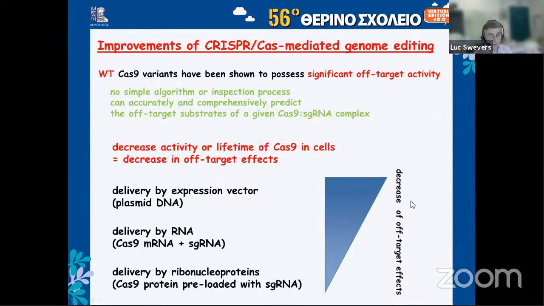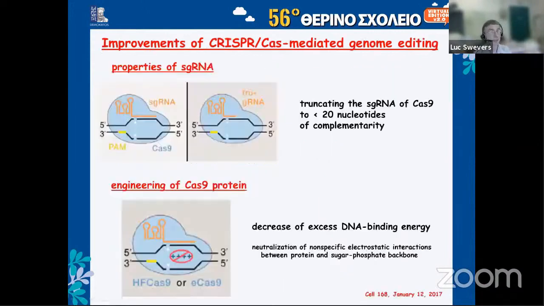Delivery by RNA is much better because it's much less stable. And the best delivery system is to deliver it as protein. You can now buy purified CRISPR-Cas9 protein from a lot of companies, and you can load it with a single guide RNA and then do your experiments with the protein loaded with the single guide RNA.